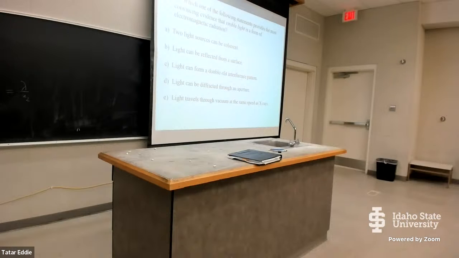The light can form a double-slit interference pattern. Can you form a double-slit interference pattern if you're having a stream of particles that hits double slits? Are you going to form an interference pattern of the type that you see with light?